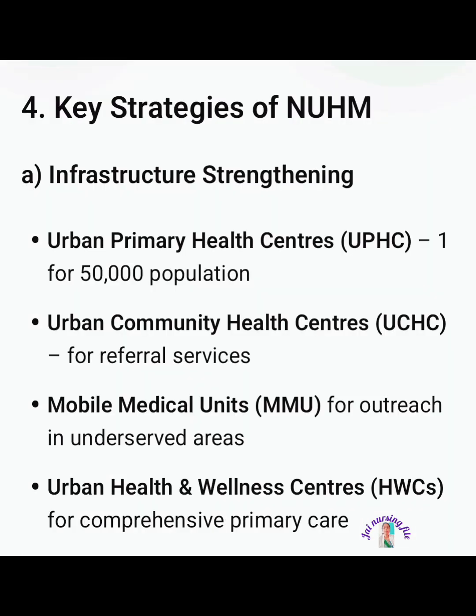The key strategies: infrastructure strengthening, Urban Primary Health Center UPHC, one for 50,000 population, urban community health center for referral services, then mobile medical units MMU for outreach in underserved areas, and then urban health and wellness center for comprehensive primary care. So this is about the infrastructure.